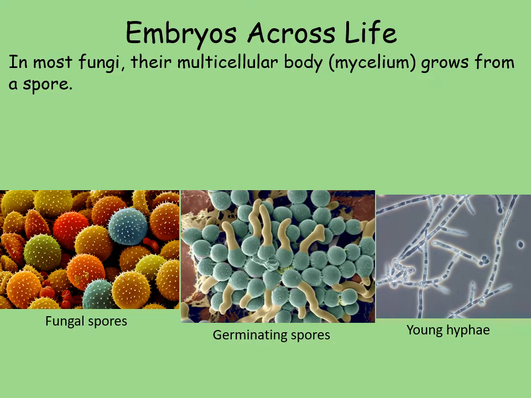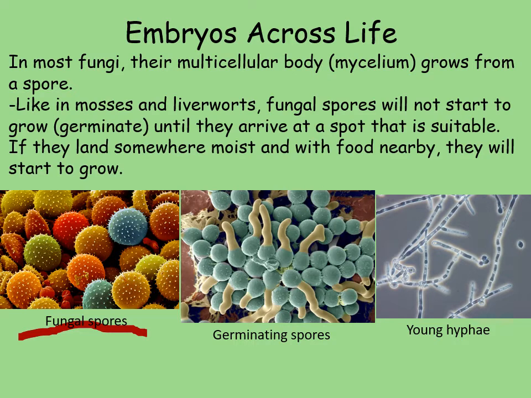So in most fungi that are multicellular, their mycelium, the multicellular body, grows from a spore. So here are some fungal spores here on the left. As in mosses and liverworts, fungal spores will not start to grow or germinate until they arrive at a spot that is suitable. In the case of mosses and liverworts, they can sense moisture, but for fungal spores, they sense not just moisture, but also food.